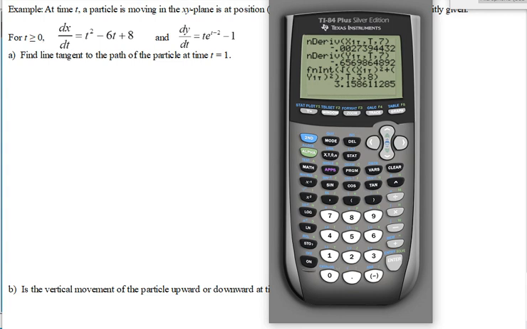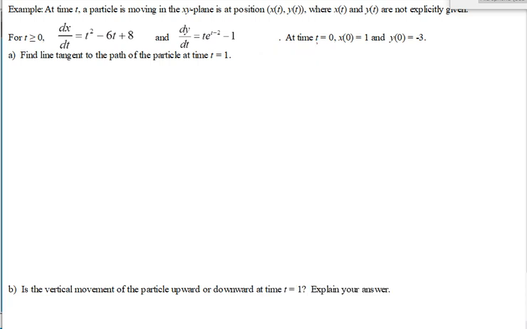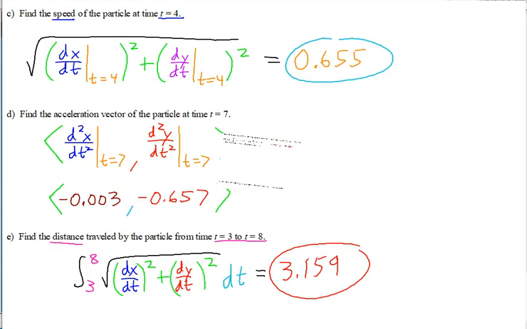So again, notice we're given x and y, t and y are not explicitly given, and we're given dx dt and dy dt, and we're told at time 0, this is basically saying the x coordinate is 1 and the y coordinate at time 0 is negative 3, okay? Which is written a little differently, but really the same information as the last problem when it was telling us that at time 1, the x coordinate was 3 and the y coordinate was 5. Just written a little differently.